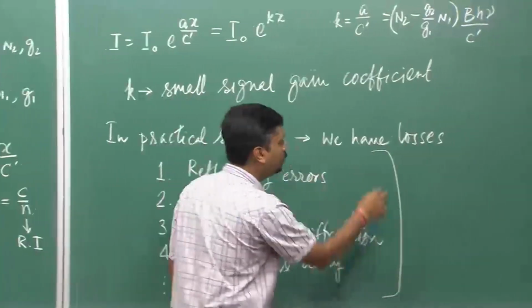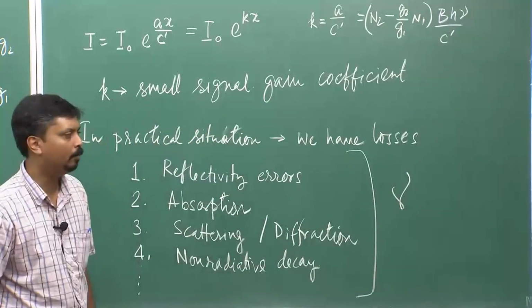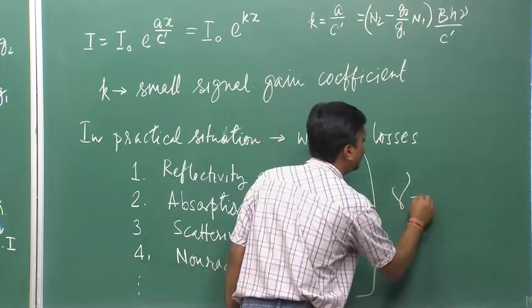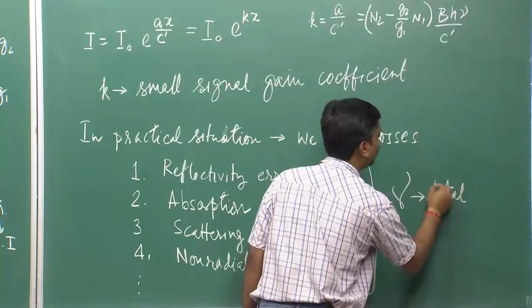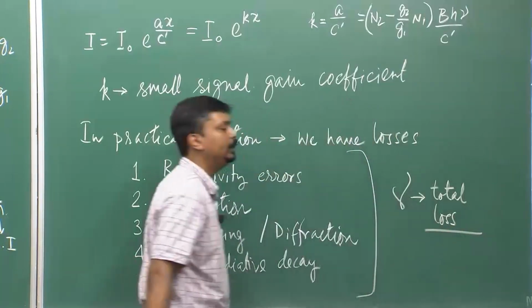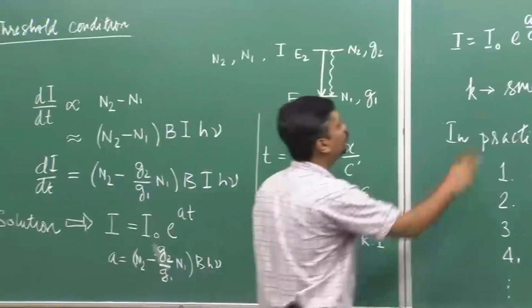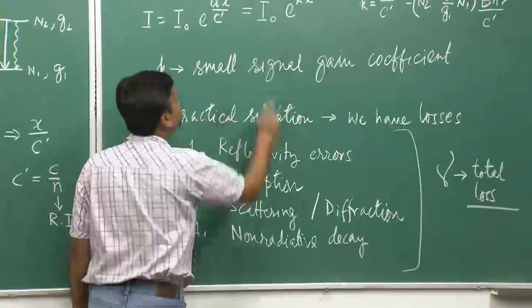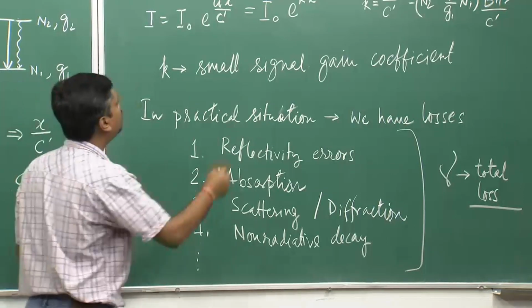If we club all of them together and put all the loss by this gamma, where gamma refers to the total loss within the cavity, then I need to modify this.